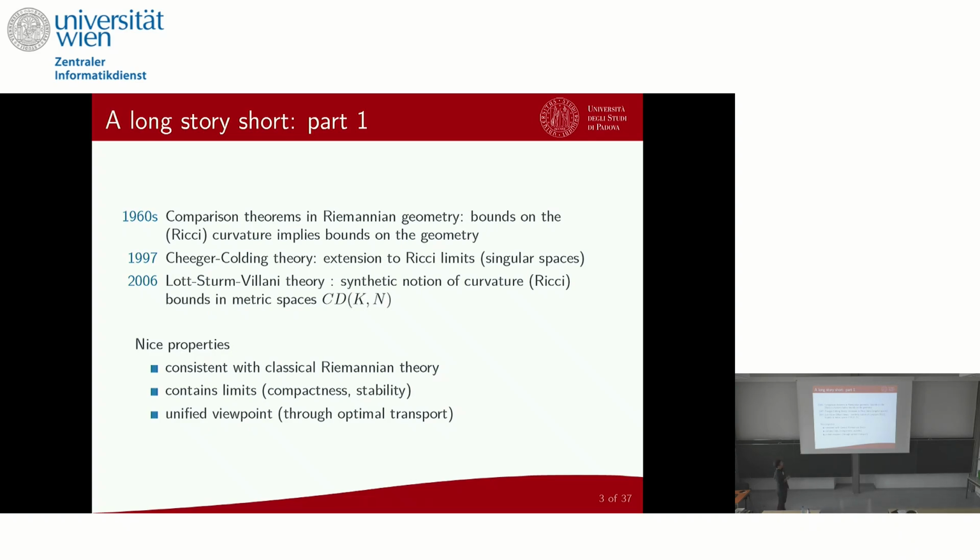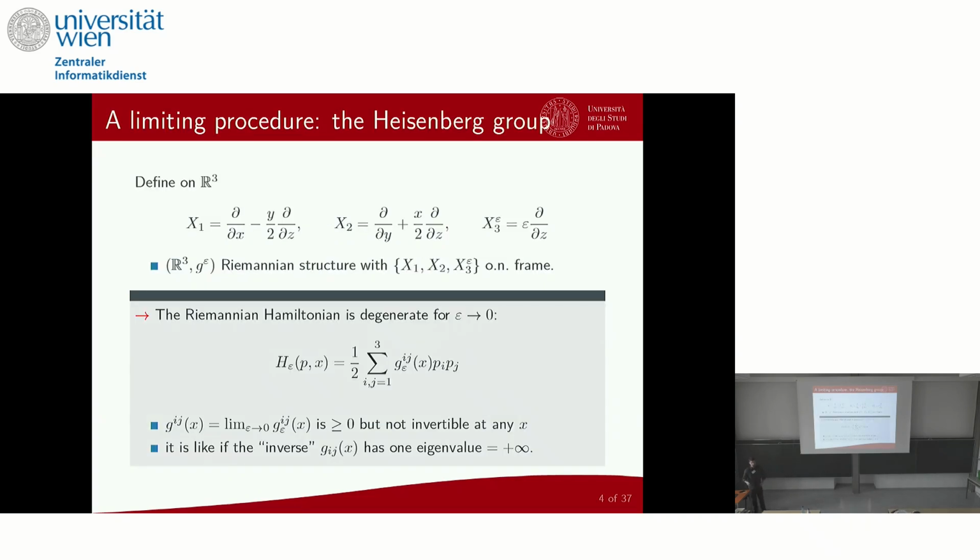We need uniform control on the Ricci tensor, and for me, a particularly interesting limit, which is also related to the previous talk, is a family of Riemannian manifolds which converge to the sub-Riemannian Heisenberg group.